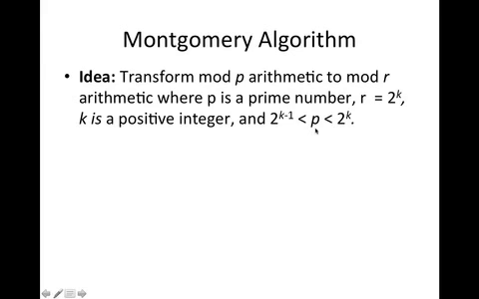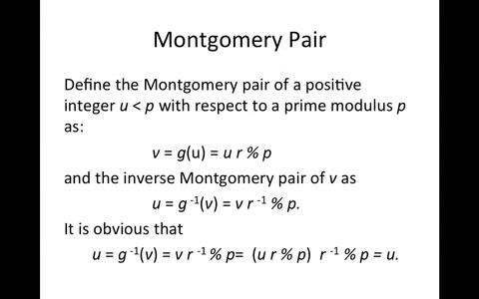So now that is given, we are able to invert r, and that will be very critical in the computation of mod p arithmetic in binary. Here we define what's called the Montgomery pair of a positive integer u, with respect to a prime modulus p, and that is given by this formula.